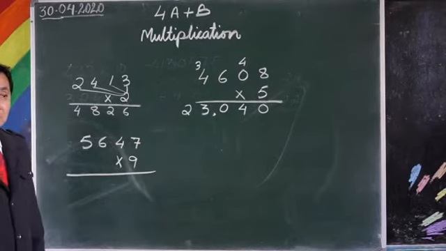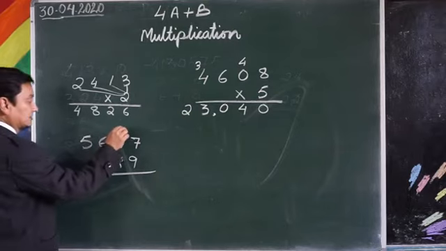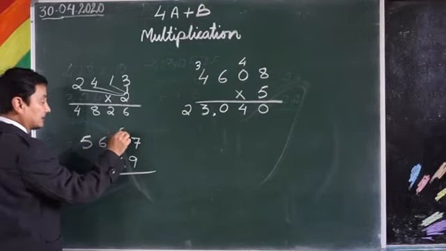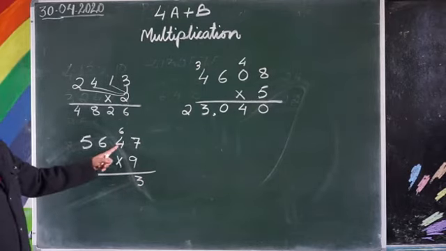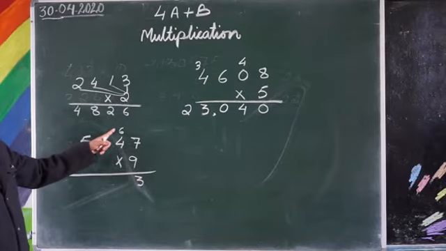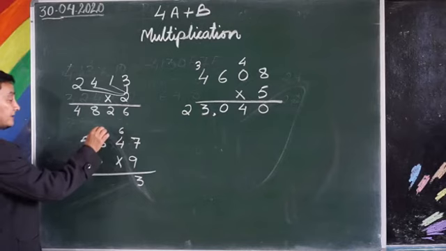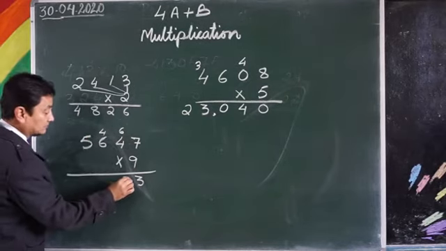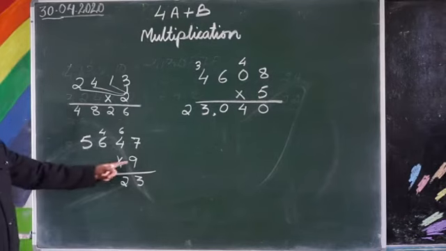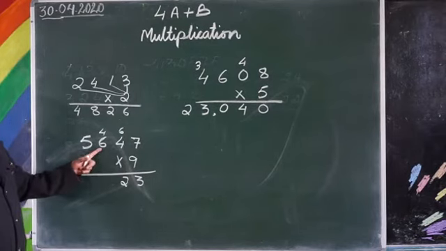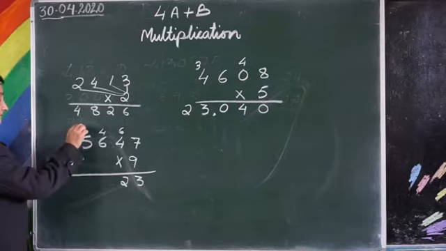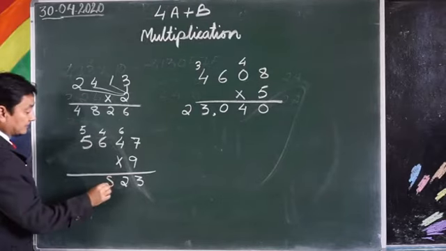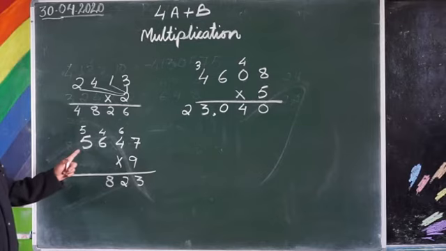Ready? 9 7s are 63. 6 and 3. 9 4s are 36 plus 6, 42. 9 6s are 54 plus 4, 58. 5 and 8. 9 5s are 45 plus 5, 50.